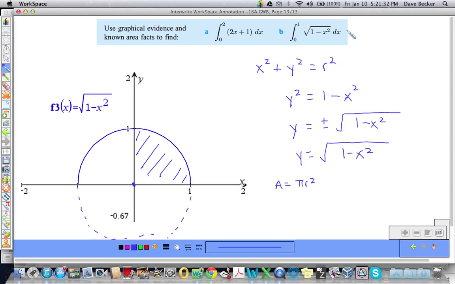So for our case here, this is just going to be equal to 1/4, since we're only talking about 1/4, since the integral is from 0 to 1, pi times the radius squared, which is 1 squared, which turns out to be pi over 4. And that is the area under the curve to the x-axis from 0 to 1.